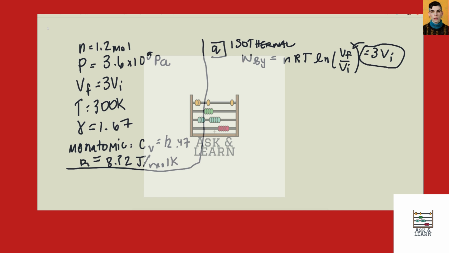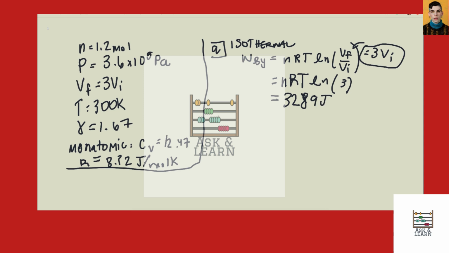To simplify that a little bit, it's nRT times the ln of 3, because V final is 3 times V initial. If you plug that into a calculator, maybe you'll get what I got, which is 3289.